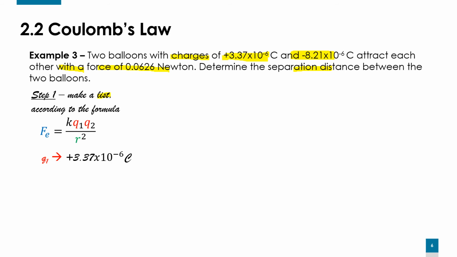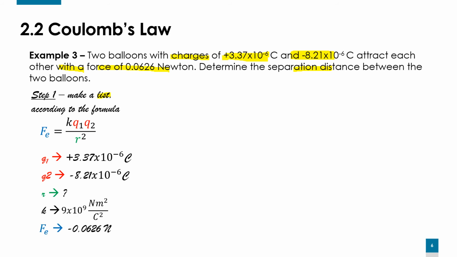That's fine. So Q1 is positive 3.37 times 10 to the power of minus 6 Coulomb. Q2 is minus 8.21 times 10 to the power of minus 6, also Coulomb. And I have my distance? No, that's what I'm looking for, so I'm going to put a question mark. But I have my constant, which is always given, and my electrical force.